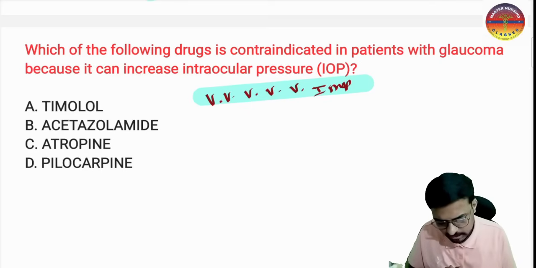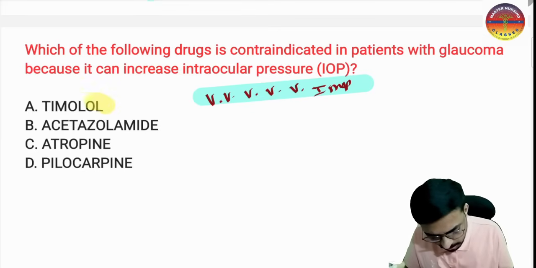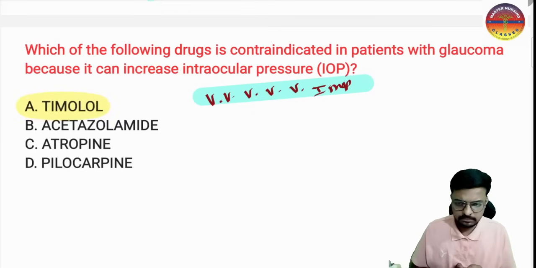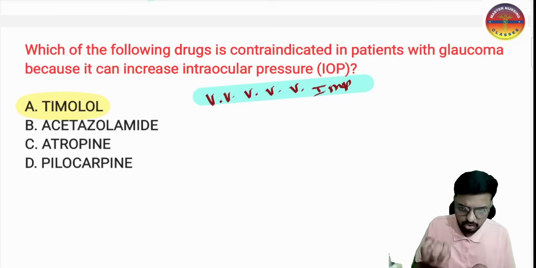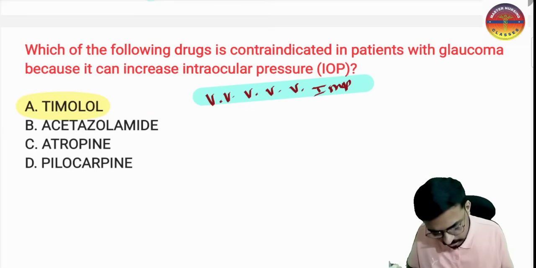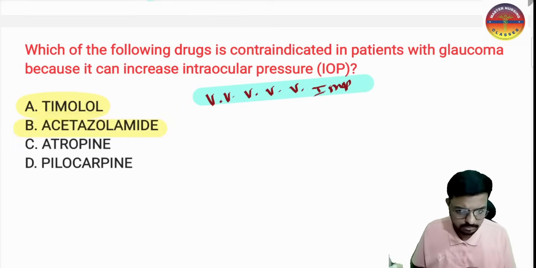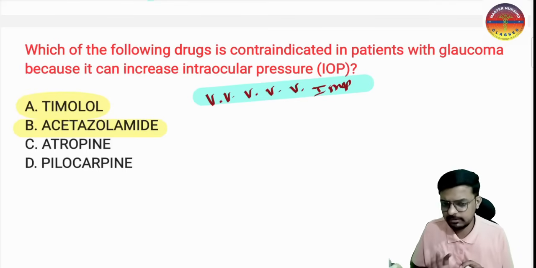Just now I told you that we are using the beta blocker timolol to stop the production of the aqueous humor. If aqueous humor production is reduced, the intraocular pressure falls, so glaucoma will be controlled. And I told you we are giving carbonic anhydrase inhibitors, acetazolamide, to stop the production of the aqueous humor.